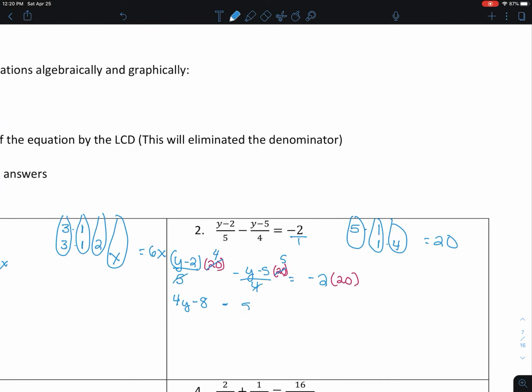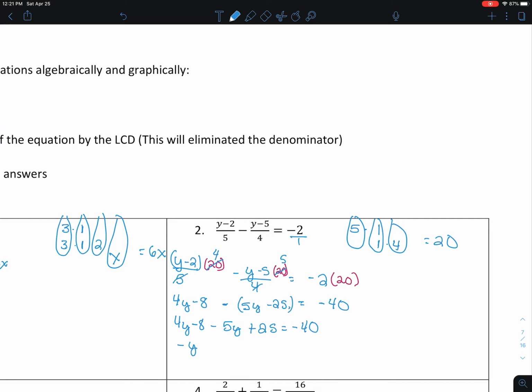So I got minus 5y minus 25. And that's equal to negative 40. So once again, notice I put this in parentheses. Those parentheses are important because I'm going to have to distribute that negative in a minute. So I have 4y minus 8 minus 5y plus 25 equals negative 40.